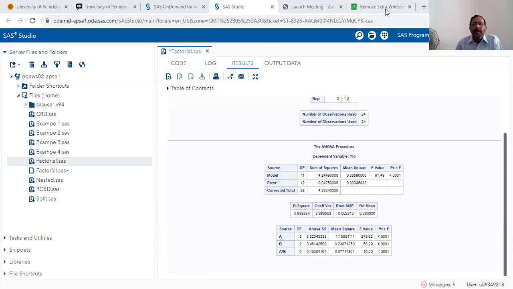Now, in a factorial experiment, what is the first thing that we have to look at? Anyone? Effect of A? Yes, but what is that?